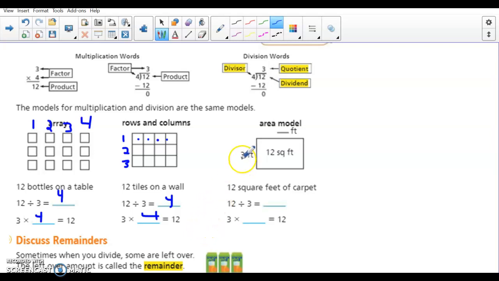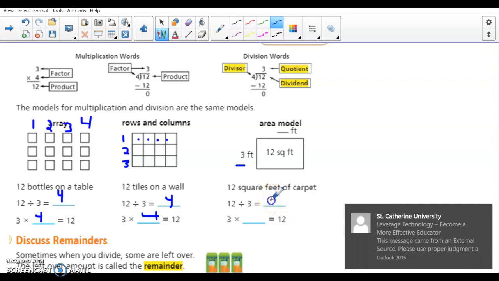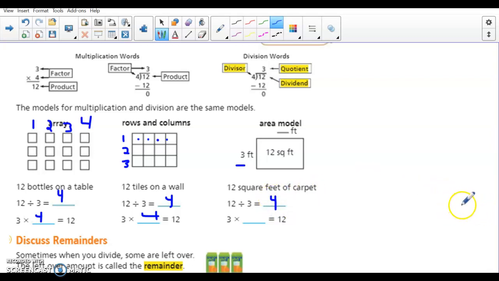And area, we know if we take our length and our width and we multiply them together, we're going to get what's in the middle. We call that our area in square feet. And so if you take your area and you divide it by one of your sides, you're going to get 4. Or you're going to get the same thing you got for the first 2.